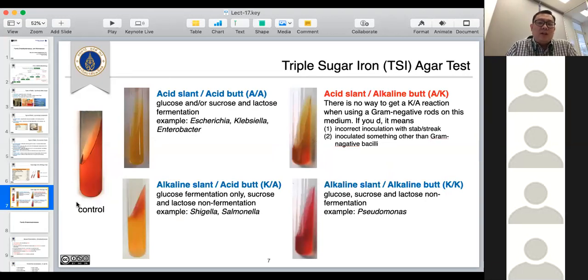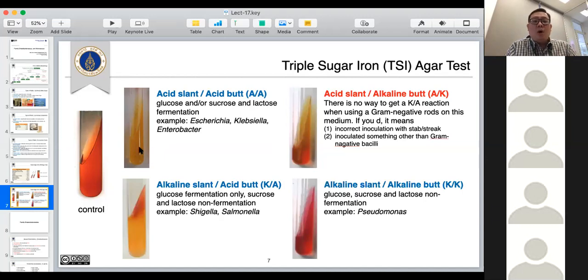This is general TSI. Before use, the color looks like pinkish orange or pale red. But if bacteria grow on the slant and change the color to yellow, we call it acid slant. And if the agar butt changes color from red to yellow, we call it acid butt. Yellow at slant, yellow at butt, or A/A.